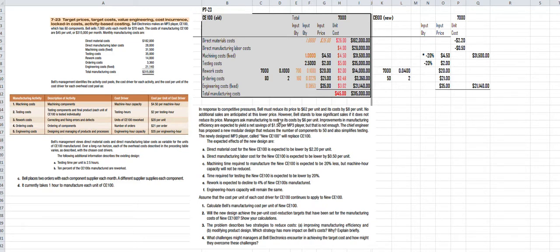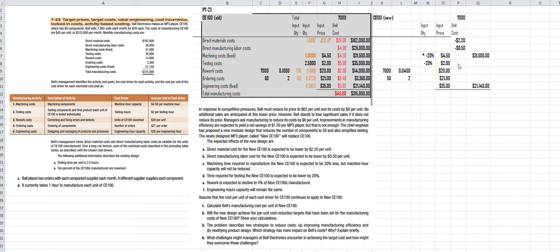Okay, so as you can see, we have flushed out to the best of our ability, drilled down into all of these numbers, and have a very comprehensive understanding of what our manufacturing costs are to manufacture the 7,000 units.